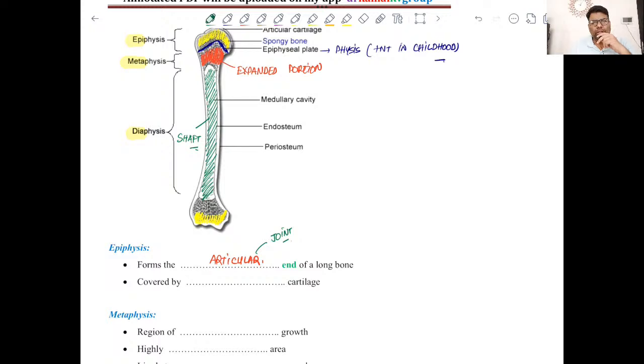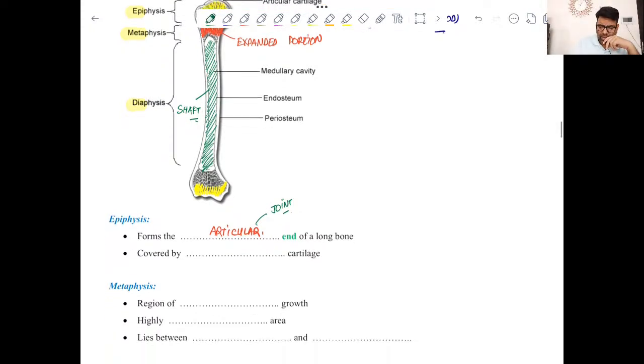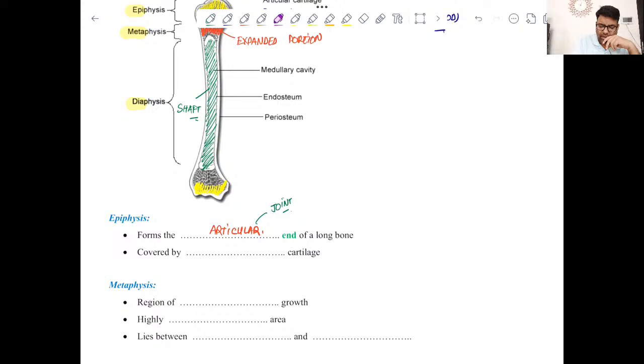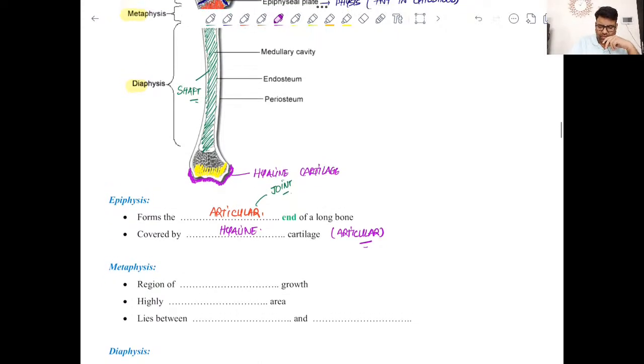So one bone articulates with another bone and forms a joint, and this is covered by a type of cartilage, because the articular ends are covered by cartilage so as to make sure that there is pain free smooth movement, and this is the hyaline cartilage. Clear? Since it covers the articular surface, at times it is also known as articular cartilage, right? So this is epiphysis.